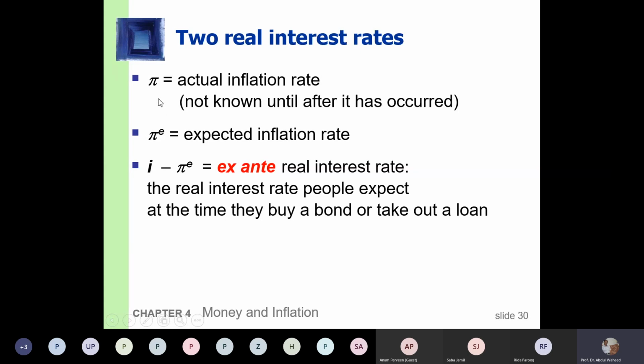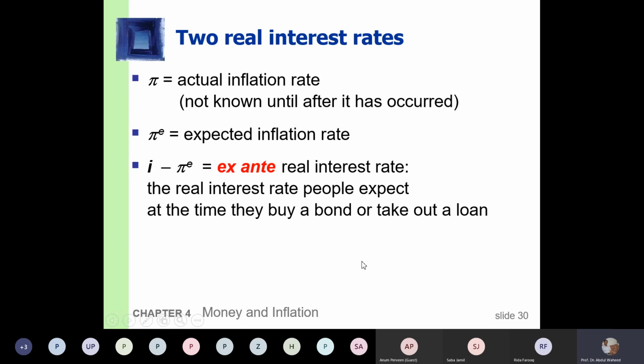Now we have expected inflation and actual inflation. If from the nominal interest rate we subtract the expected inflation, this is called the ex ante real interest rate. It is the real interest rate people expect at the time they buy a bond.